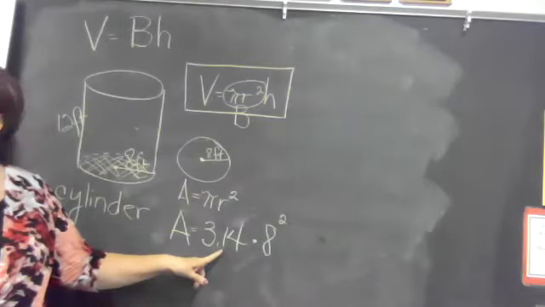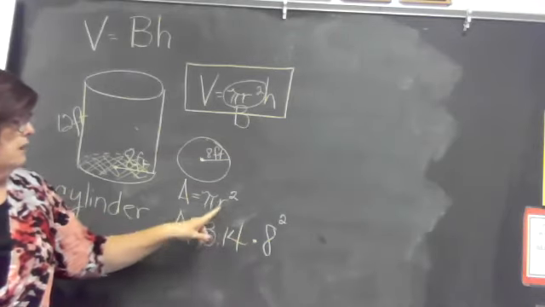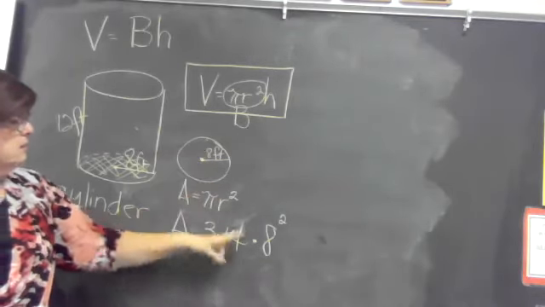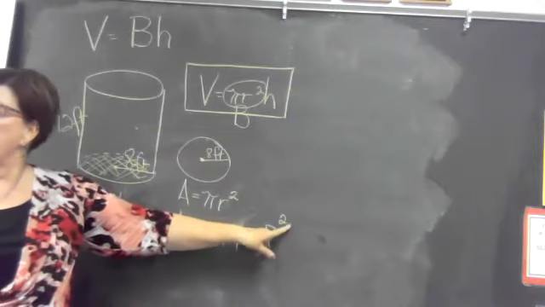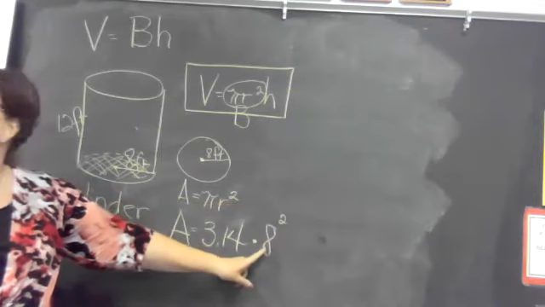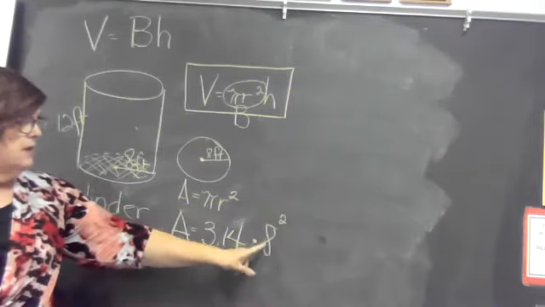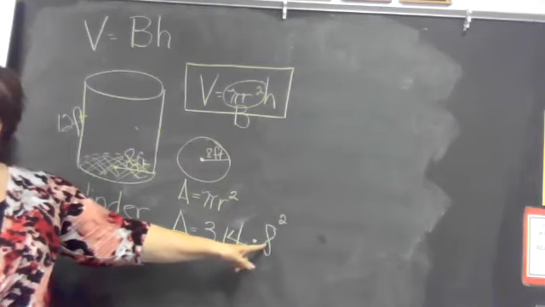For pi, we're going to use 3.14. They're multiplied together, and R is 8. So we're taking 8 squared. When you square something, it means you take the number times itself that many times. So it'll be 8 times 8. See what I'm saying now?